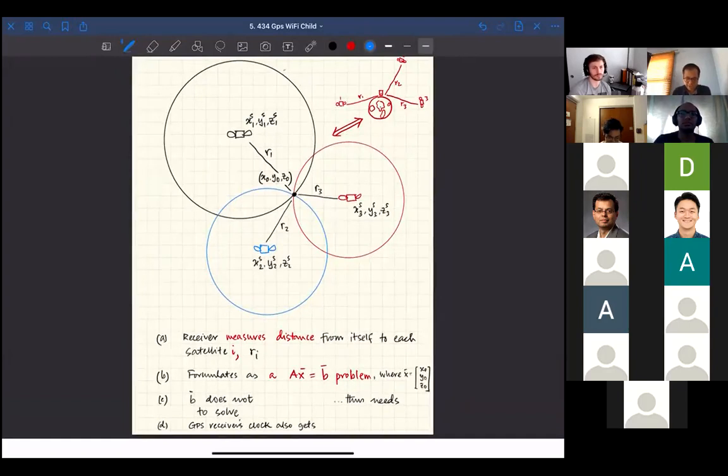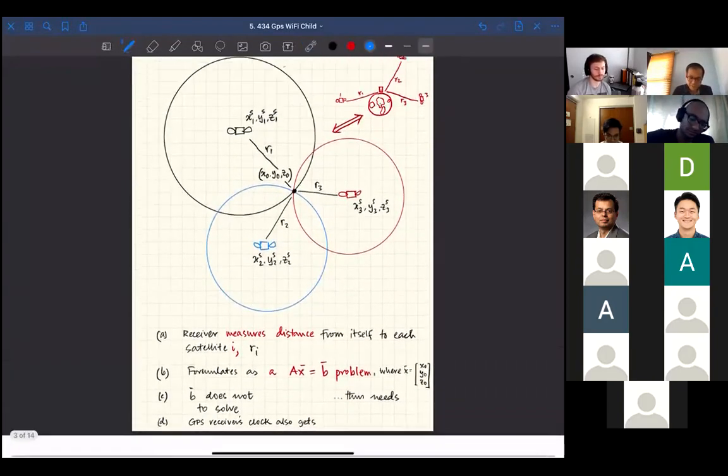So AX equals B, and we now need to solve for X, which is really X0, Y0, Z0. Now, importantly, when you are measuring this distance R1, R2, R3, if your measurement is not absolutely accurate, can someone tell me what happens to AX equals B? Okay, what is this B?